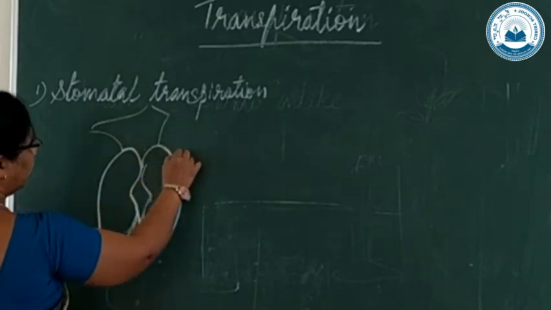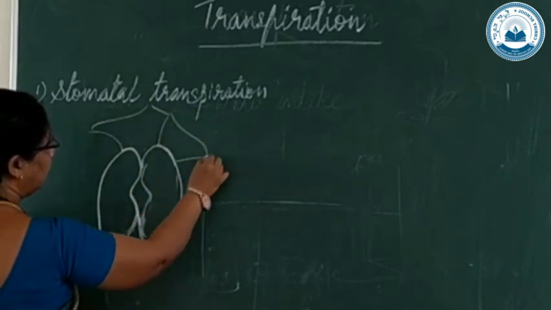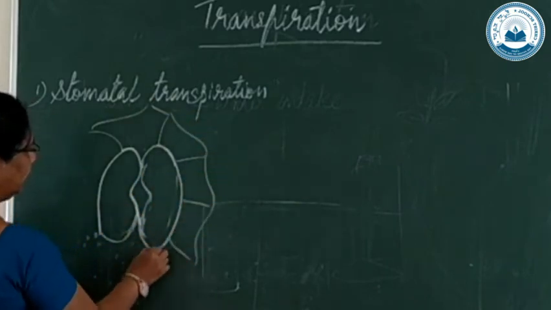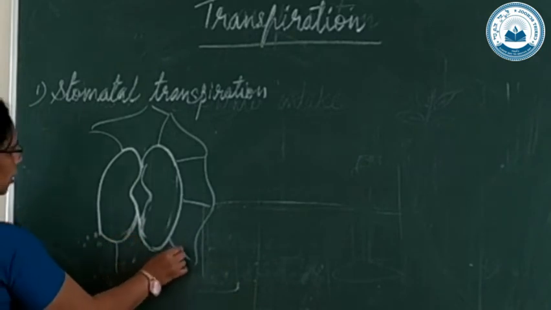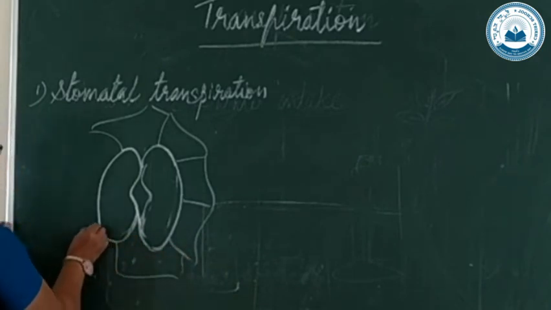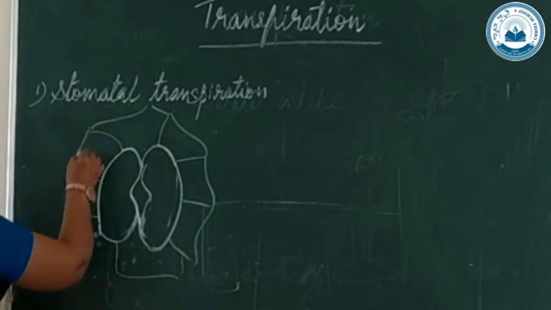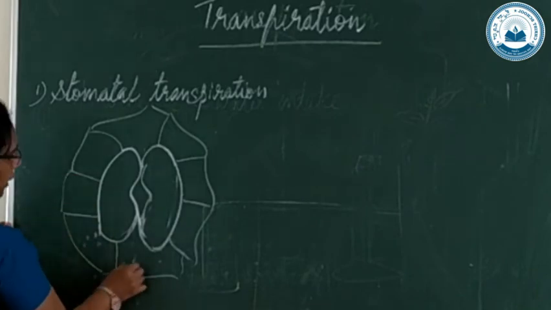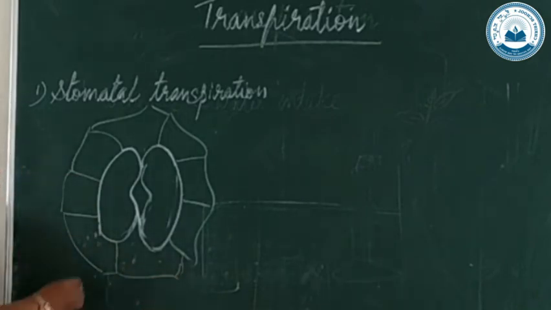These are the epidermal cells surrounding the stomata. So simply we can say this is the structure of the stomata.